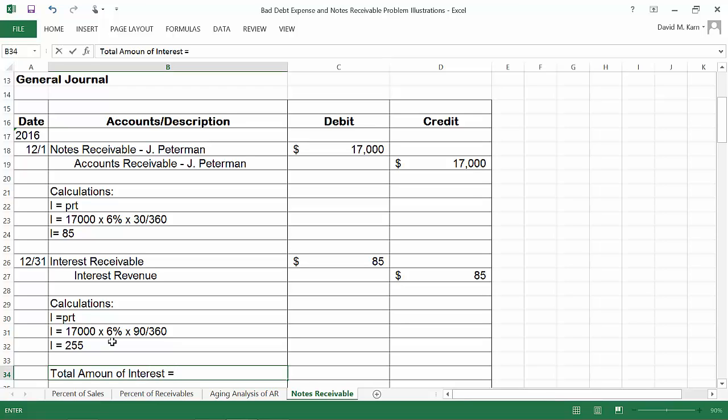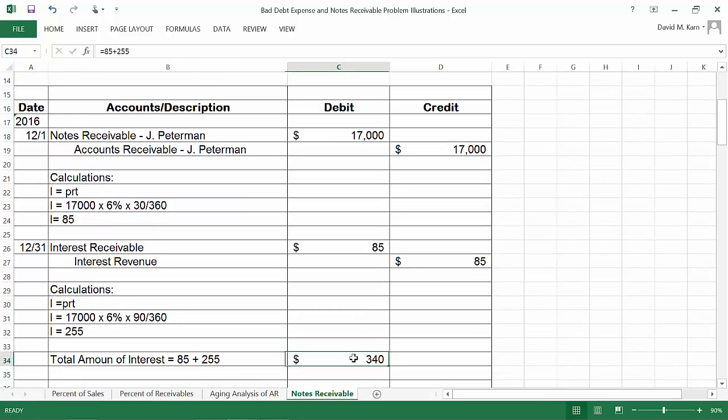That would be 85 plus 255, and we get $340. So I'll put that here.